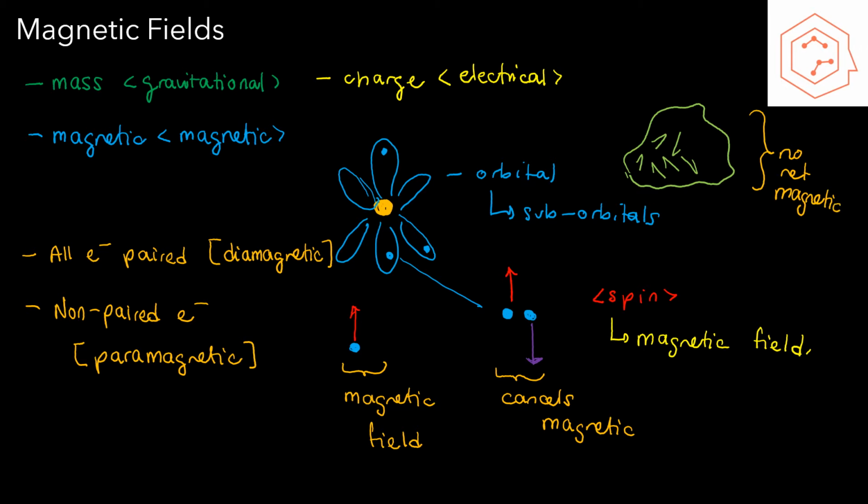But there are some special atoms which, when they align, influence each other and create regions called domains where all the magnetic fields are aligned in a single direction.